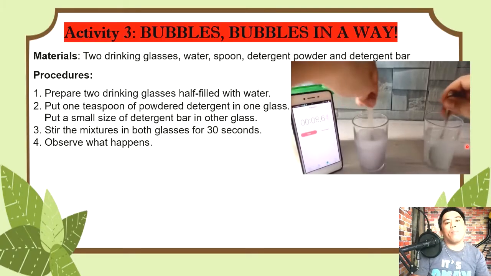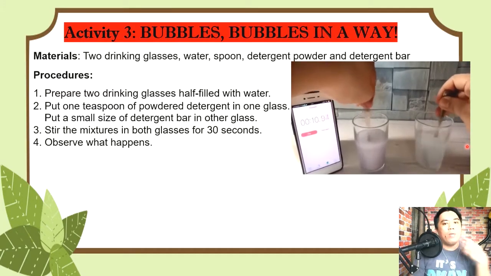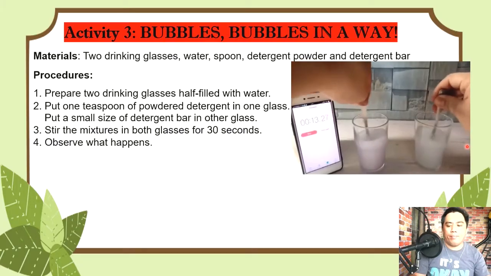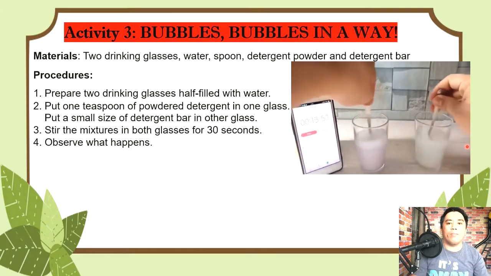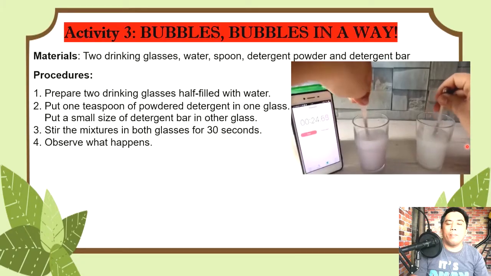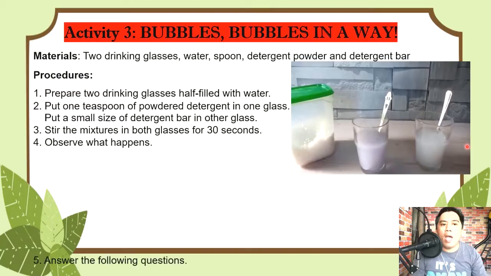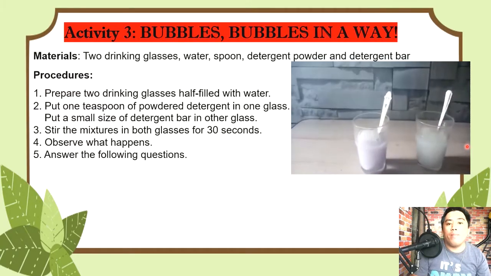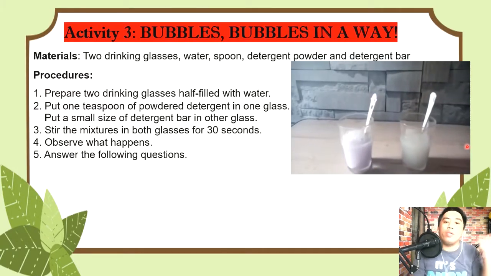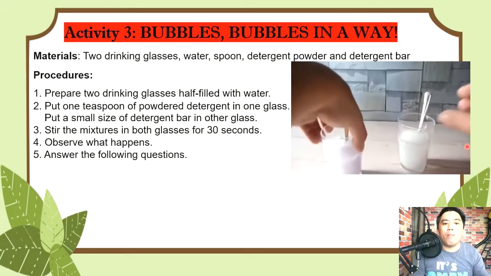So, habang hinahalo natin, observe natin kung ano ang mangyayari. Okay. So, time is up. So, observe na natin kung anong nangyari dun sa ating detergent powder and detergent bar.